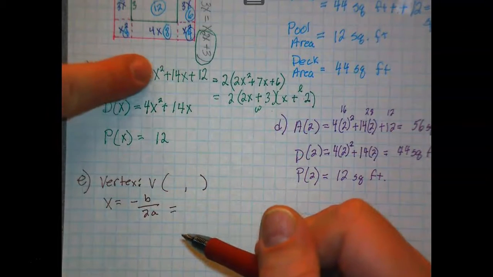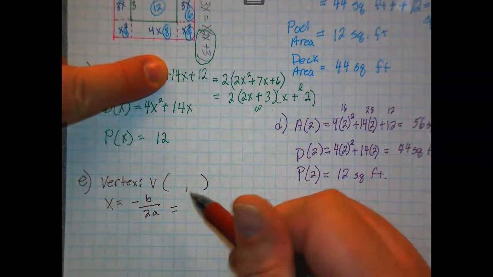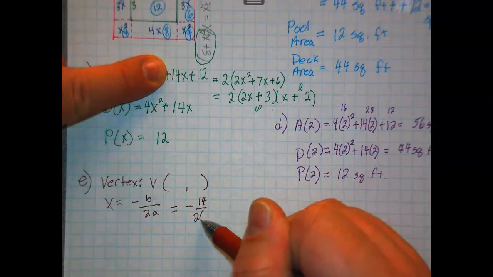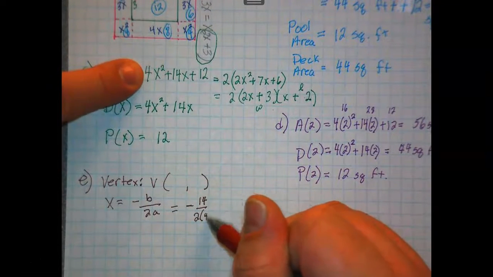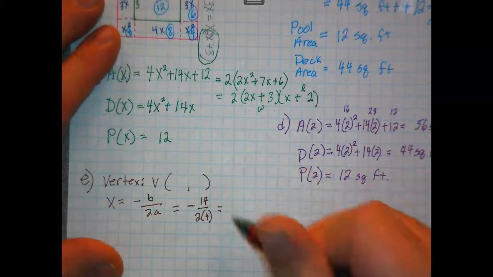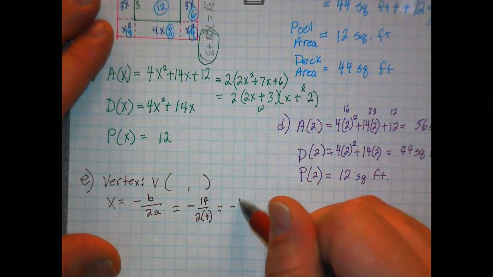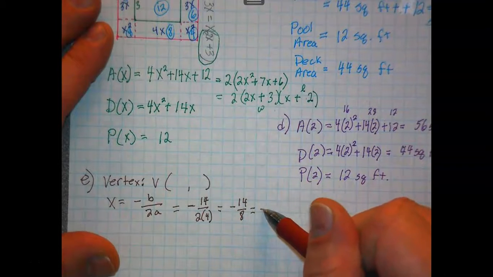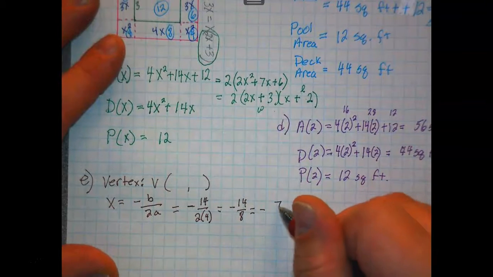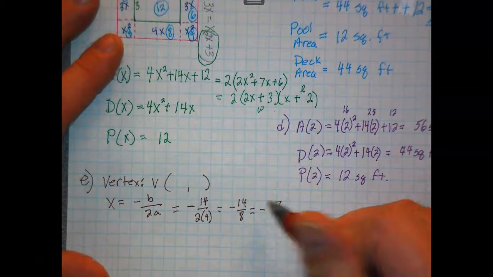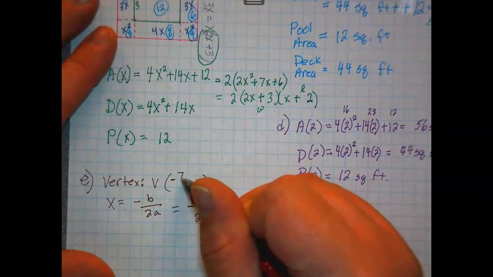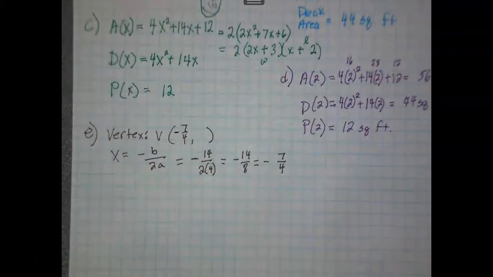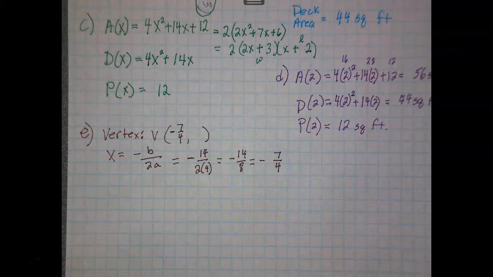My b is 14. 2 times my a is 4. So I have negative 14 over 8, which reduces to negative 7 over 4. Oh, boy, is this one going to be fun. Boy, oh boy, I can't wait.